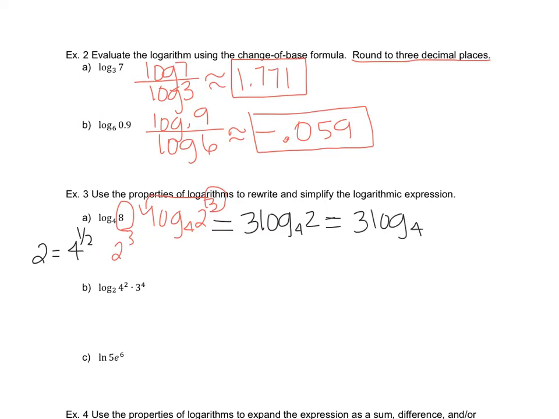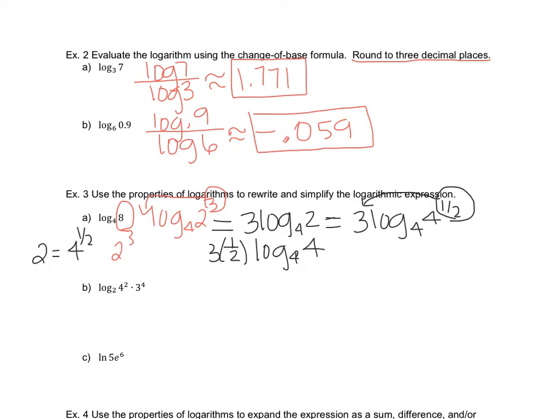Log base 4 of 4 to the 1/2. Now again, I can use that property where I drop my exponent down to the front. So I'm going to essentially multiply 3 times 1/2. So 3 times 1/2 gives me log 4 of 4.